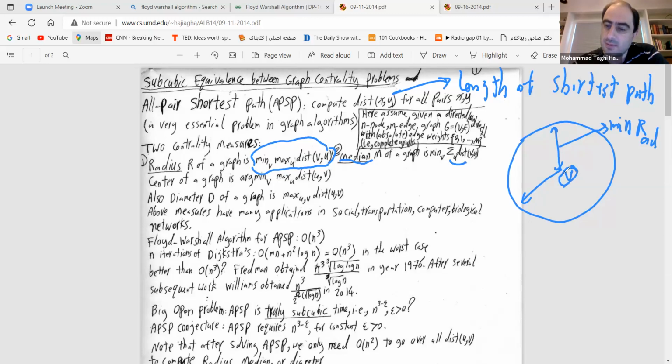So consider this vertex v, and for each vertex u, you take the sum of the distances. You want to find a vertex v that minimizes this sum. When we talk about the center, we generally mean the center for the radius, but you can consider the center for the median to be the vertex that has this property.